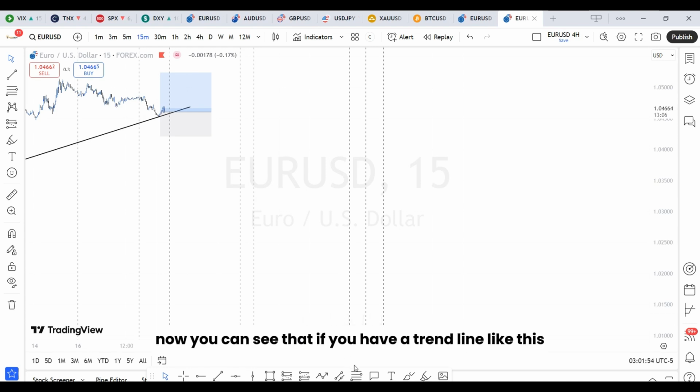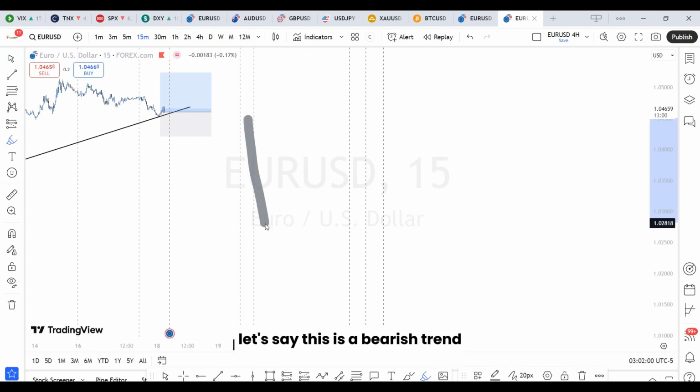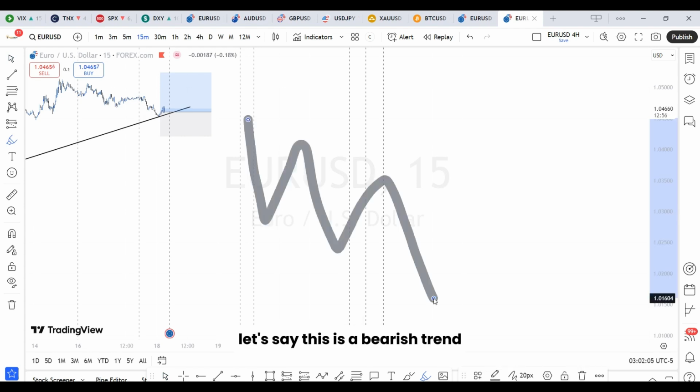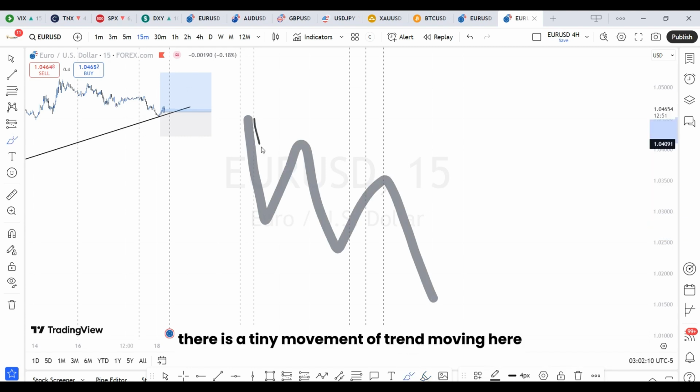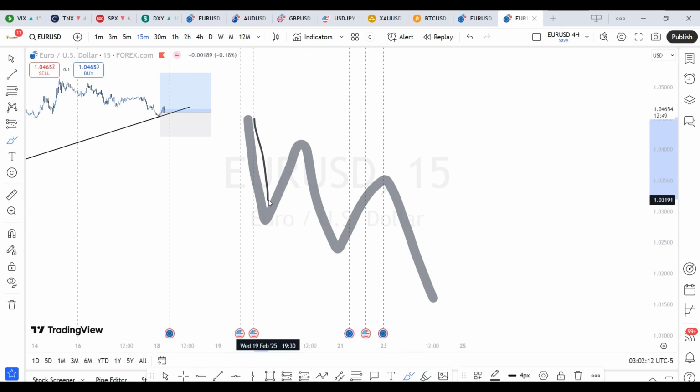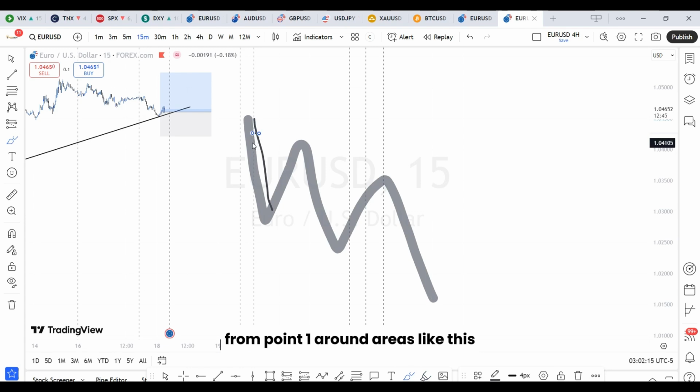If you have a trend line like this, let's say this is a bearish trend, there is a tiny movement of trend moving here that you could actually trade from point 1 around areas like this.